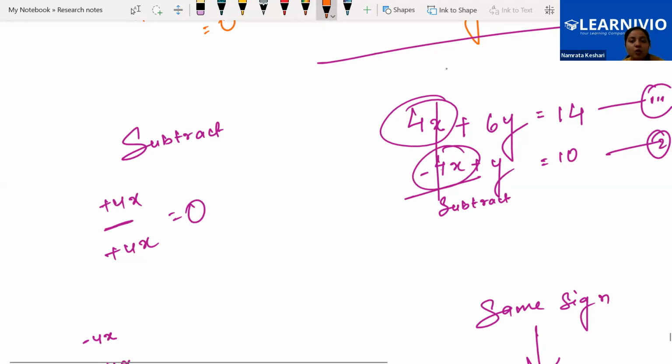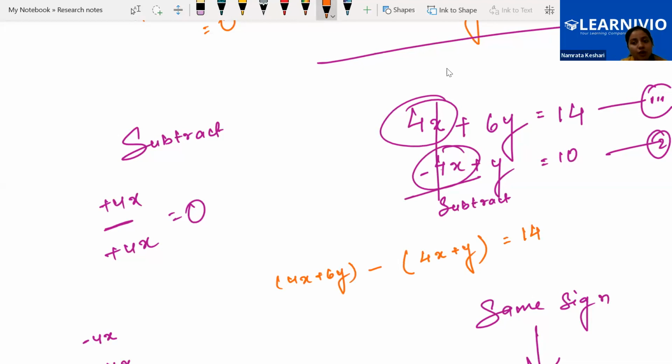We have to write the whole equation like this: 4x plus 6y, the first equation, minus 4x plus y, the second equation, the first equation 14 minus the second equation 10. This is how we have to do the subtraction. 4x plus 6y, and this minus sign will change each and every sign.